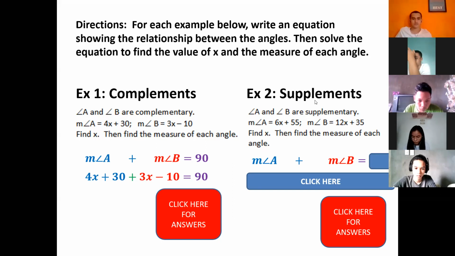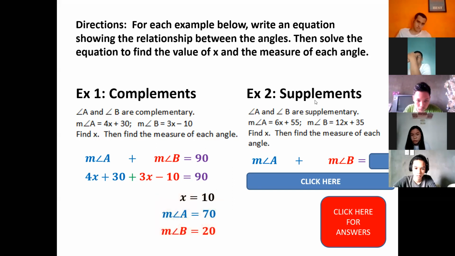Now simplify the equation. 4x plus 3x is 7x. 30 minus 10 is 20. Transpose 20 to the other side of the equation, you'll get 90 minus 20, therefore it is equal to 70, right? So therefore, 7x equals 70, so x is equal to 10.